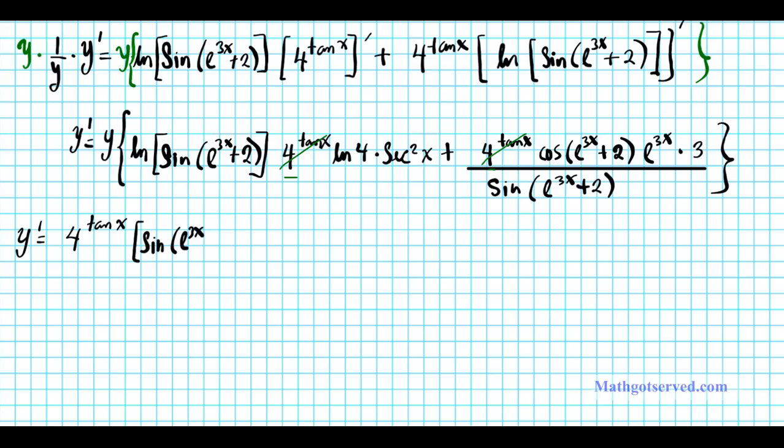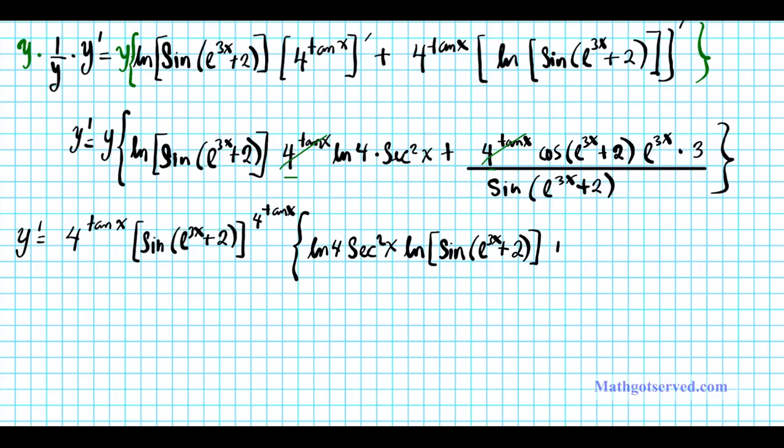Now in here, since 4 to the tan x has already been factored out, we're going to have ln 4, the natural logarithm of 4, times secant squared x times the natural logarithm of sine of e to the 3x plus 2.